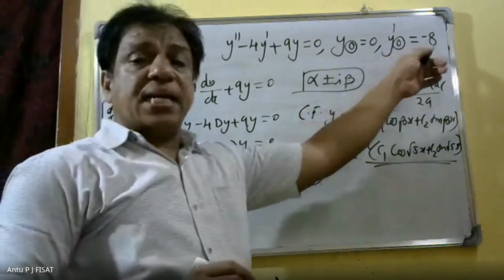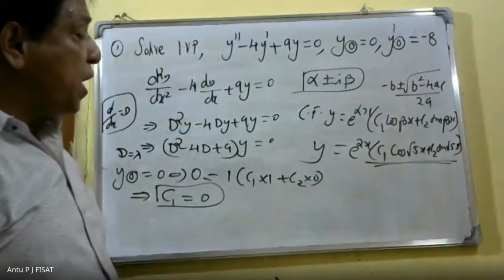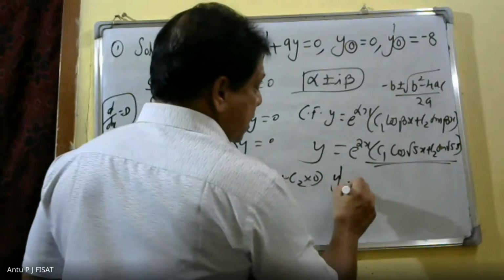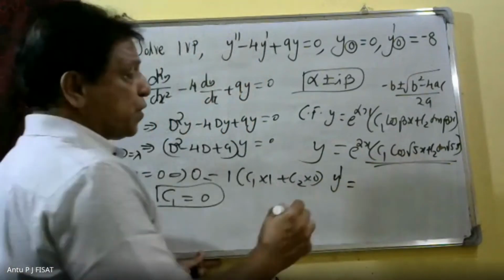Then we apply the second condition, y dash (0). To use it, first we differentiate this function. We apply the product rule for differentiation.